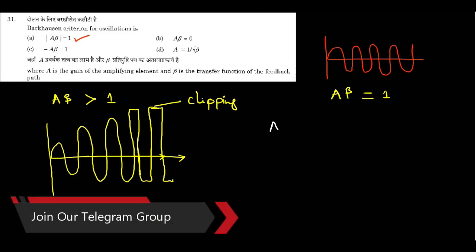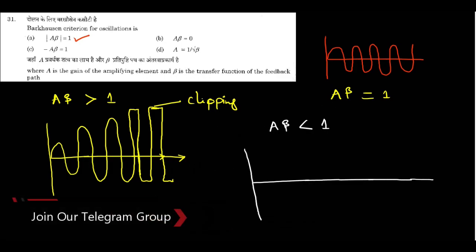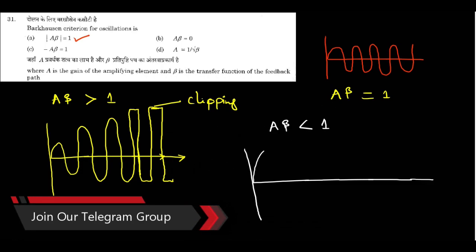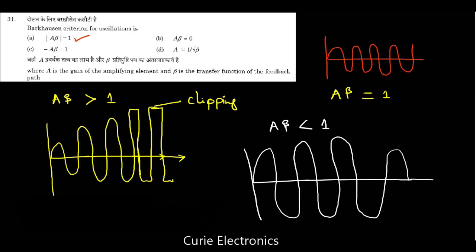Let's consider A beta less than 1. Then what happens? The oscillation starts, with the same frequency, but then it dies down.